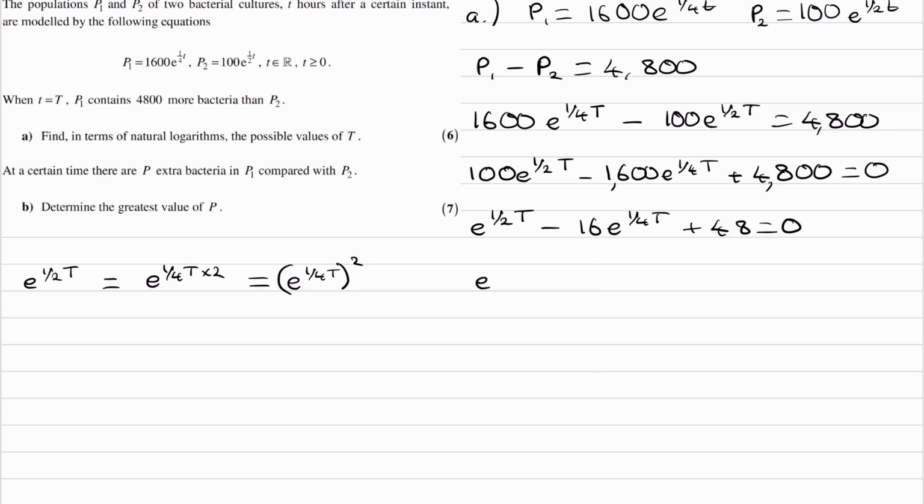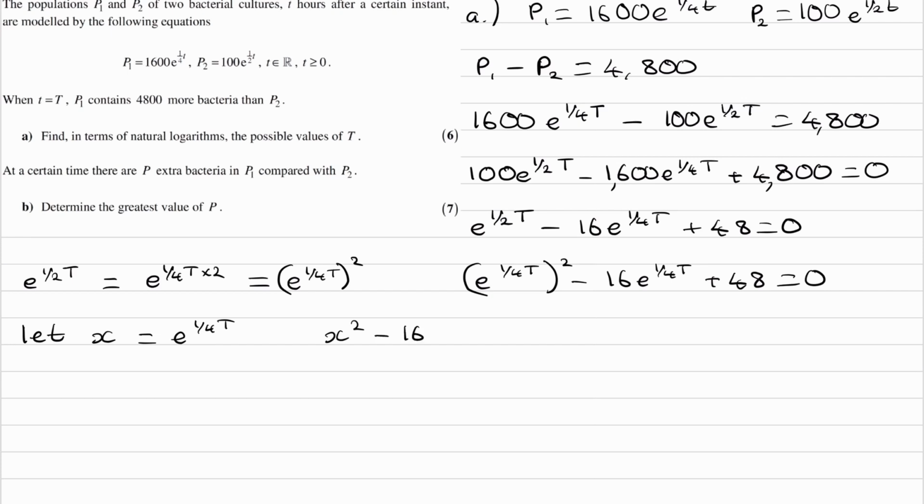Then our equation becomes e to the quarter t, all squared, minus 16 e to the quarter t plus 48 equals 0. We can let x equal e to the quarter t to make things neater and easier to see how we're going to factorize this.